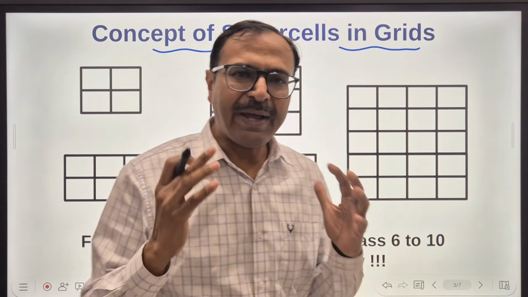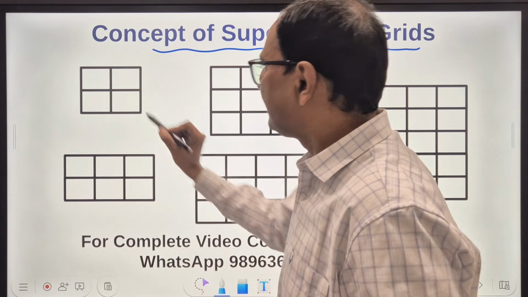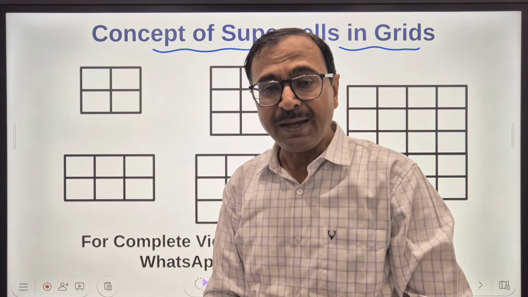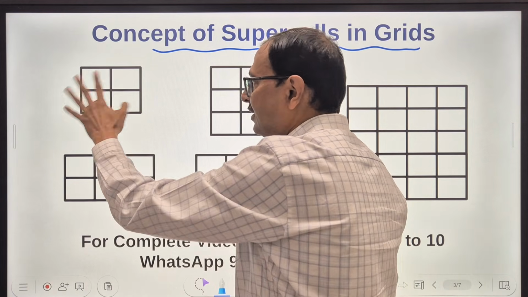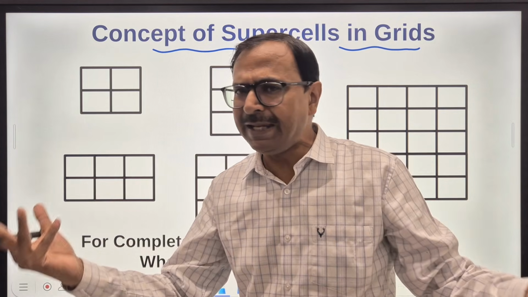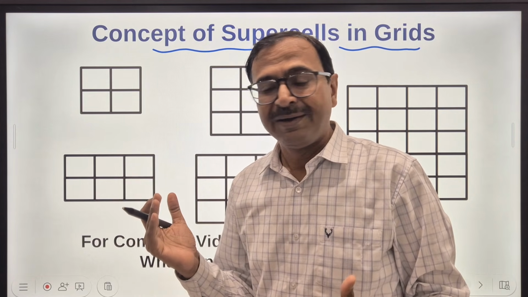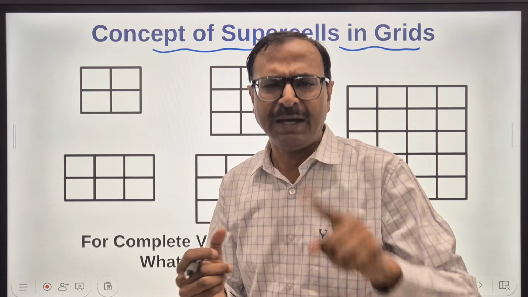So what exactly are supercells? All these cells, that means these blocks, are called cells. Why do we call them supercells? Because when we fill this grid with numbers, maybe some particular numbers or any numbers, some of these cells or blocks will have neighbors smaller than them. I'll give an example.